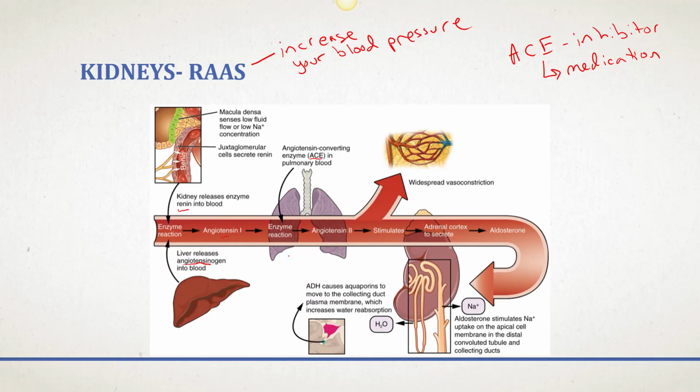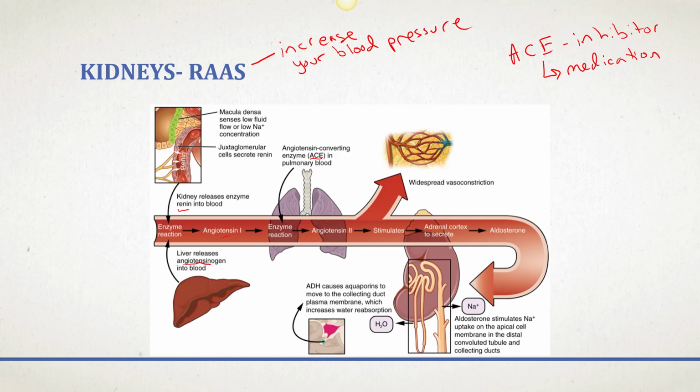So angiotensin 1 gets converted to angiotensin 2, and then angiotensin 2 is going to stimulate the release of aldosterone from the adrenal cortex. What aldosterone is going to do is increase sodium reabsorption, which increases water reabsorption.